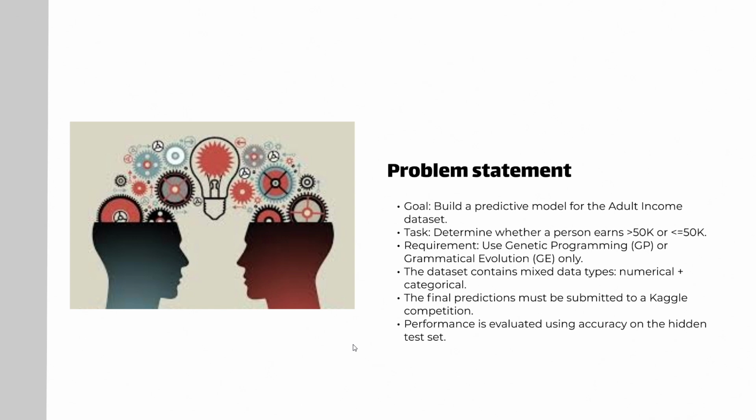Our goal was to create the GP model to generate predictions for the test set and upload them to the Kaggle competition. Unlike traditional machine learning models, GP requires a very different way of thinking, because instead of tuning weights, GP evolves symbolic expressions. This made the problem both interesting and challenging.